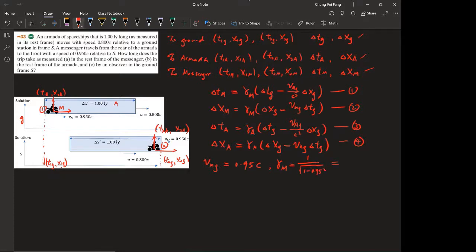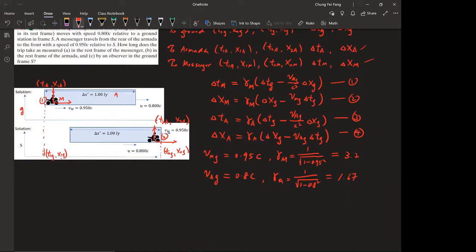This value is roughly 3.2. We also know the relative speed of Amanda to the ground station is 0.8c. So the corresponding gamma factor is 1 over the square root of 1 minus 0.8 squared, which is roughly 1.67.